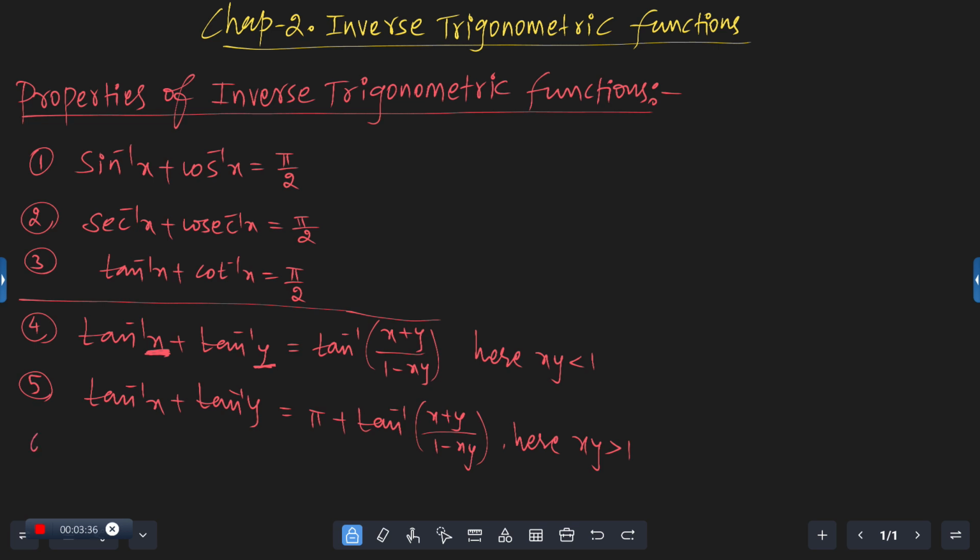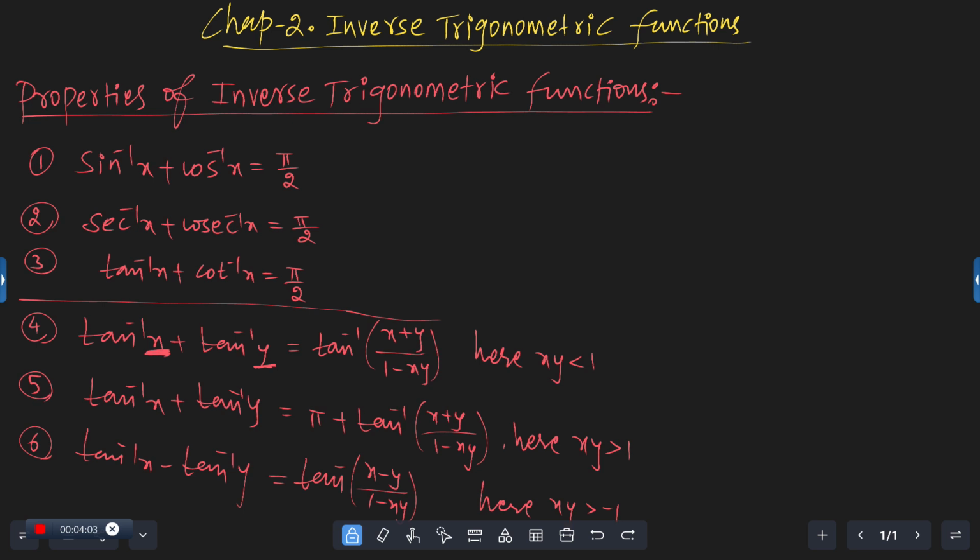Understand? And the sixth one, if it is negative: tan inverse x minus tan inverse y equals, same as the fourth one, x minus y divided by 1 minus x into y. For this, when you multiply x and y, it will be greater than minus 1.